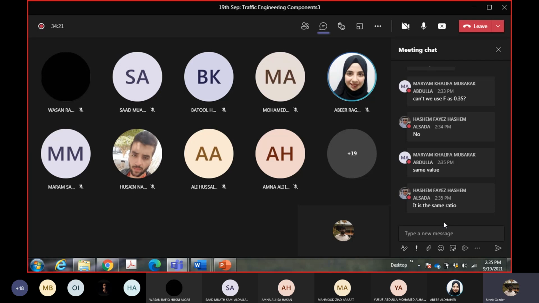If you are taking deceleration rate in meters, then you are taking gravity in meters as well. It's A upon G, so the ratio will not change. You are not only changing A, you are also changing G. So that's why it didn't change. Yes, 0.35 you can use it, Mariam, no problem. It will not make a big difference.